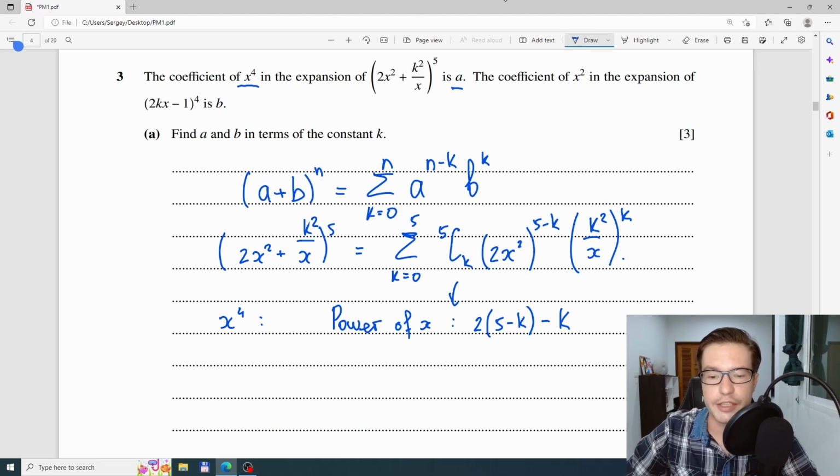So this is the power of x in the expansion. And because I want to link the power of x to what I already know, I should be looking for k which gives me the power of x equals 4. Let's expand the brackets and find the value of k which gives us x to the power 4.